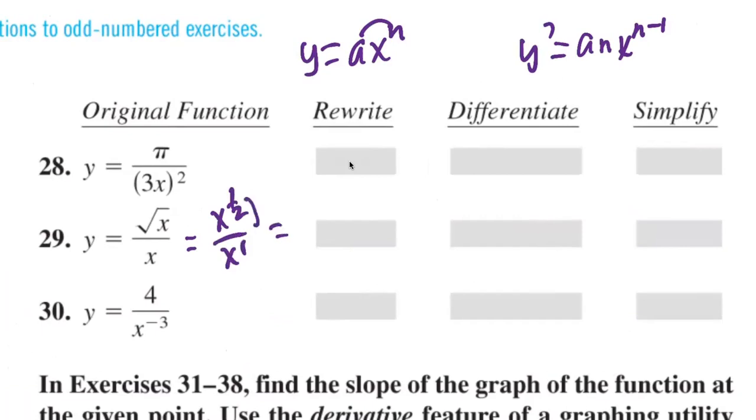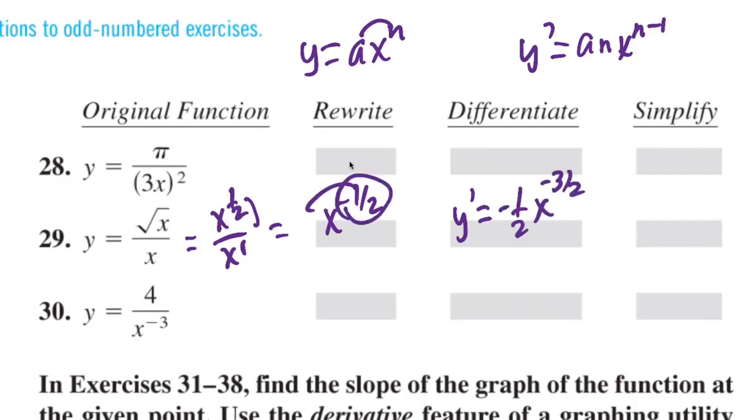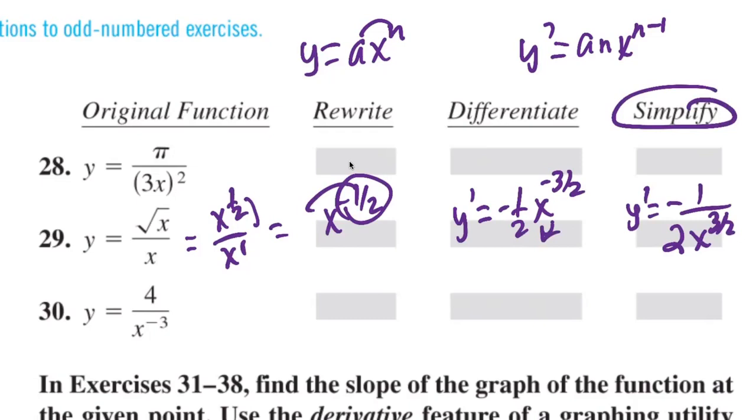And then you subtract your exponent, so you get x to the -1/2. Then you differentiate. Bring your -1/2 down in front, subtract 1. And then to simplify, get rid of your negative exponent. Simplifying, we're going to work a lot on next week. -1 over 2, x to the 3/2. So I just drop my negative exponent back down.